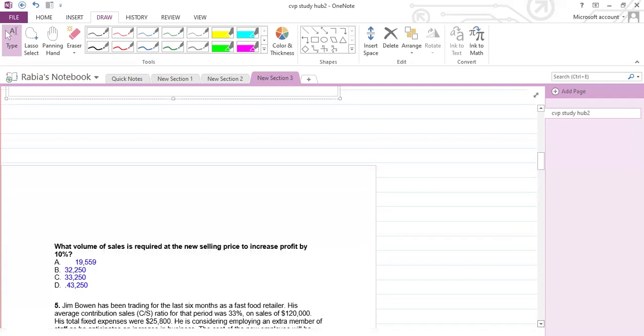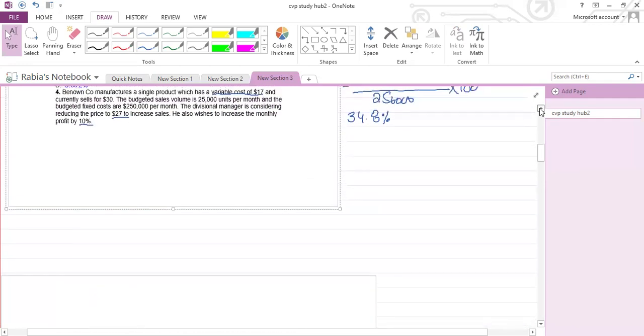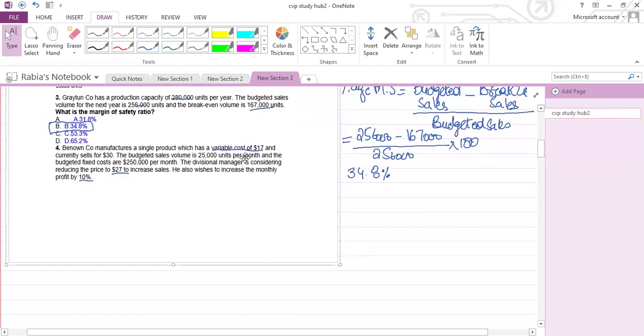Okay, you want to calculate the required or the target profit. So for the calculation of target profit, what is your previous profit? You have a selling price of 30, variable cost of 17, and units of 25,000. Budgeted fixed cost is 250,000.